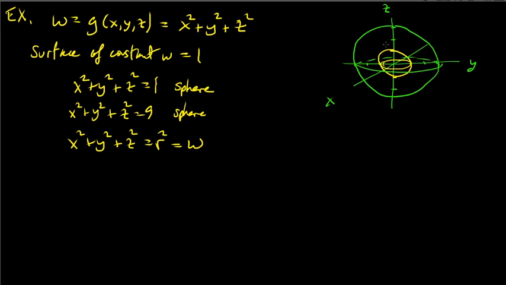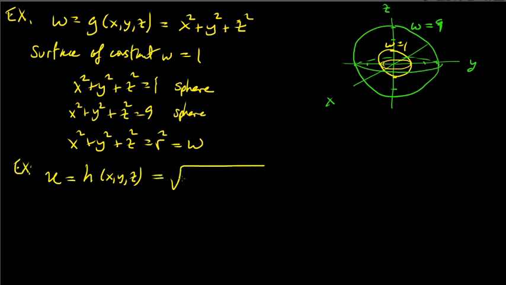So on the yellow sphere, w is 1, and on the green sphere, w is 9, not 3. It's not the radius, it's the square of the radius. If you just wanted w to be the radius, you can do that. You can have a different function. So I'll call it u instead of w, h of x, y, and z.